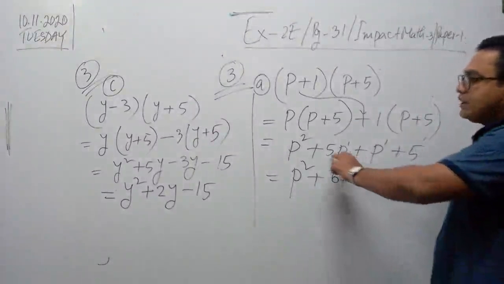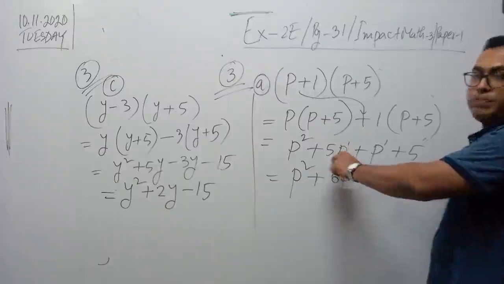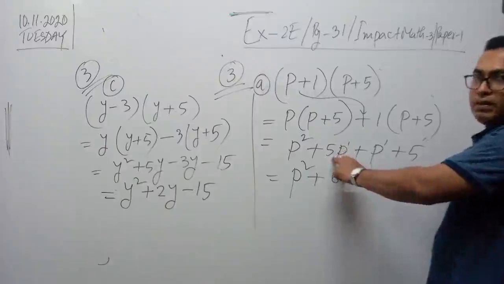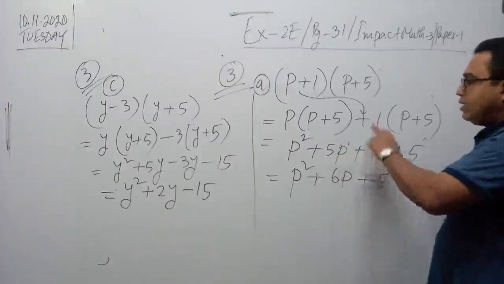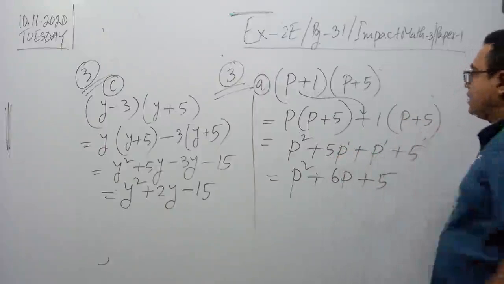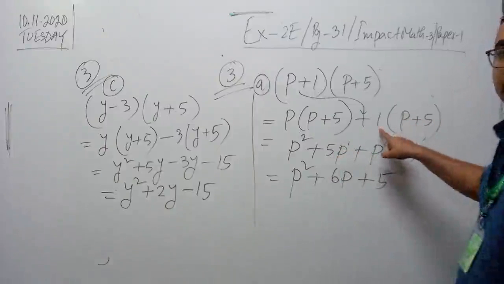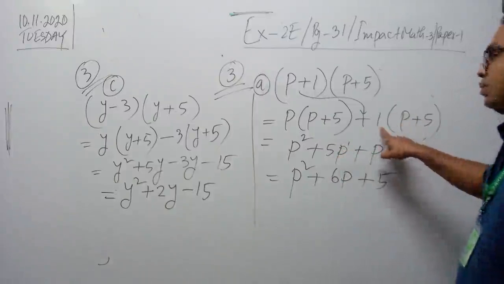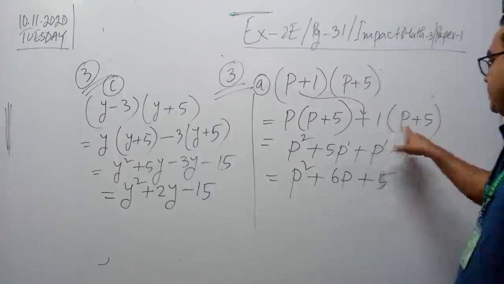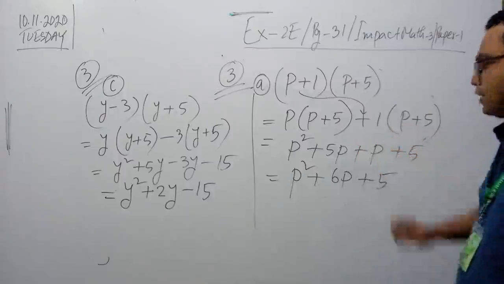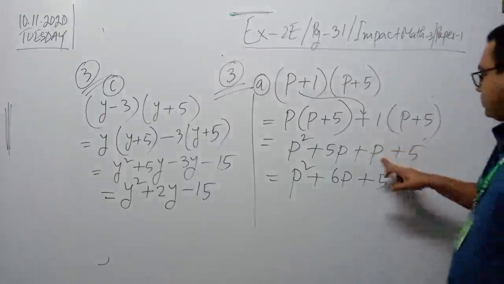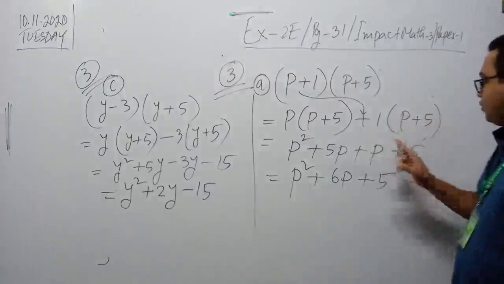It's not mandatory that you have to put 5 here, but it's better if we write it here. Here, p into 1. P into 1. Here plus sign. P into 1, p. Then 5 into 1 is 5.